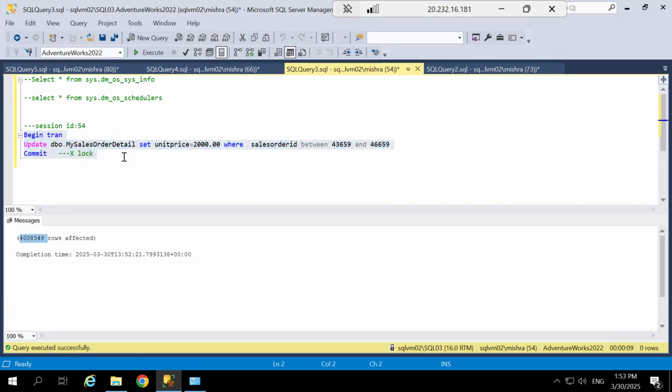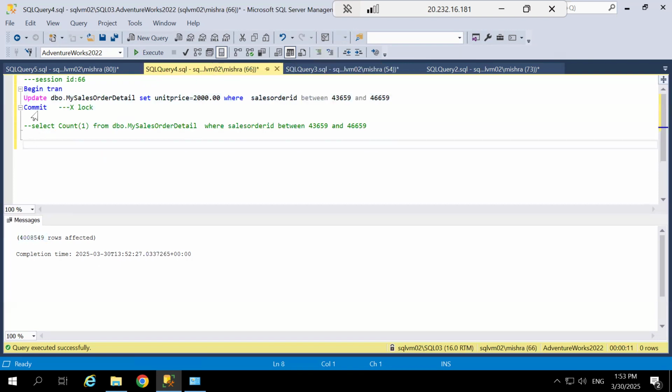So the relevant query thread was waiting for this resource to be free. Although when this transaction was submitted for execution, ultimately it was a query thread. So this query thread was waiting for that resource to be free, right?